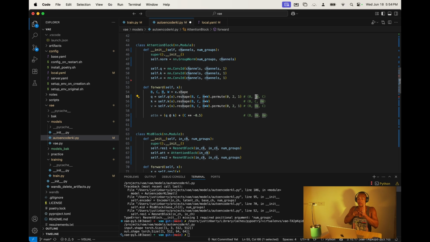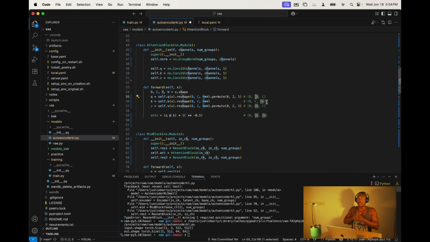If our channels are 3, you have three numbers at each pixel that represent the channel information, and you're going to dot product that query with the key.